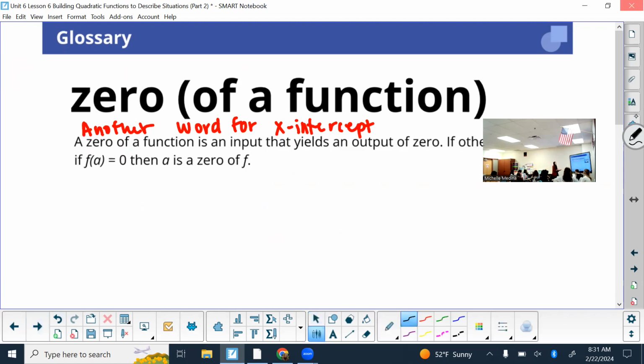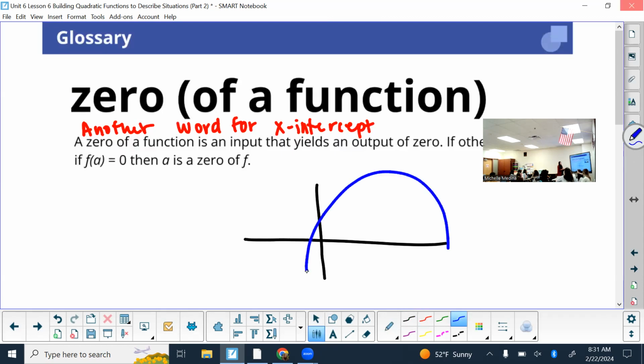So when you see something graphed, and maybe we're talking about an item being launched. Sorry, trying my best to make it look nice, but you have usually 2 x-intercepts for our quadratics at most.